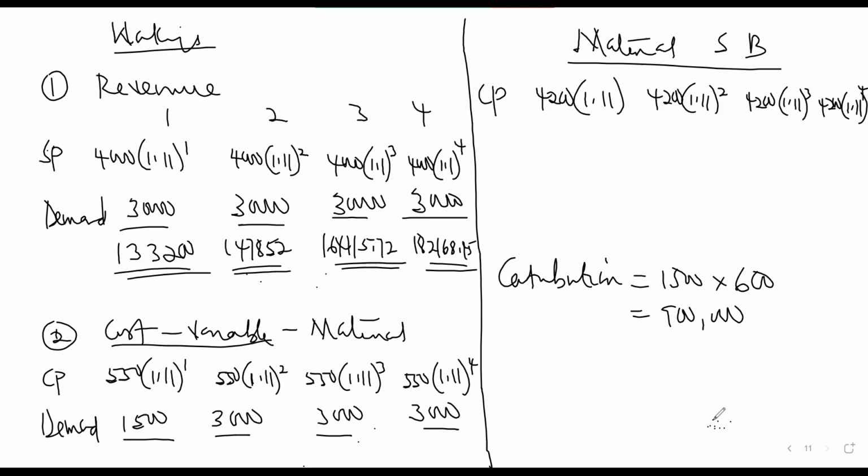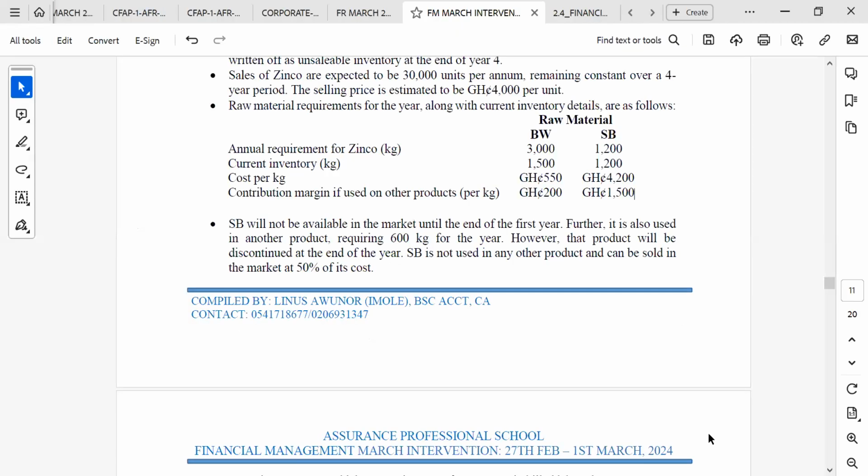We are using only 600. Remaining what? Remaining additional 600, isn't it? We have 1,200. So if we use 600 on other products, it will be remaining what? Additional 600, isn't it? It will be remaining 600 again. All right. However, that product will be discontinued.